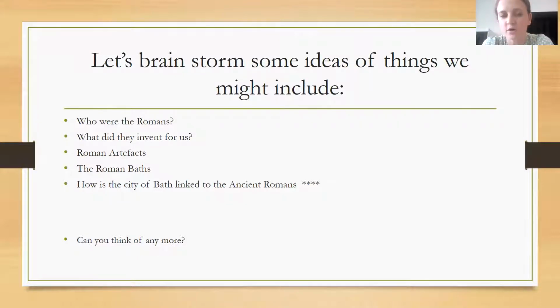If you wanted to do a brochure about modern day Bath, you could talk about Sally Lunn's buns, you could talk about Bath Abbey, you could talk about the Roman baths. So these are things that you could talk about and use your descriptive words. Think about persuading people to go and visit this place.